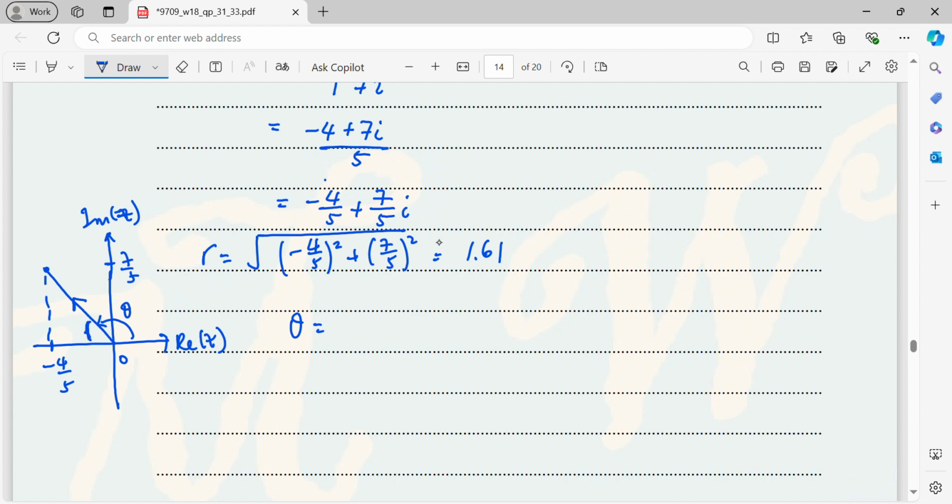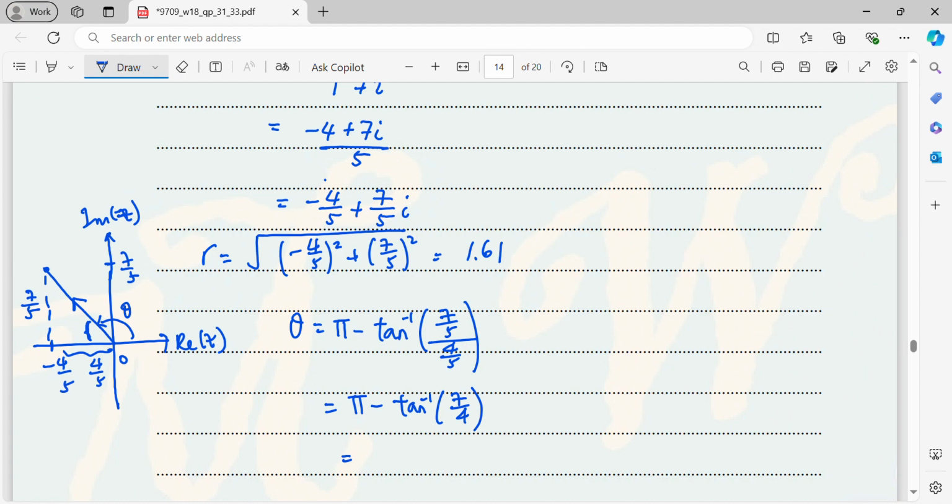So now theta equals pi minus inverse tangent of this part, because we know that here is 7 over 5 and this is 4 over 5. The opposite side is 7 over 5, and the adjacent side is 4 over 5. So it will be 7 over 5 divided by 4 over 5. Then you will get pi minus inverse tangent of 7 over 4.